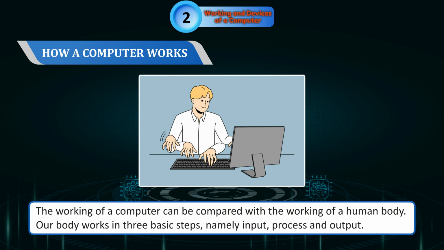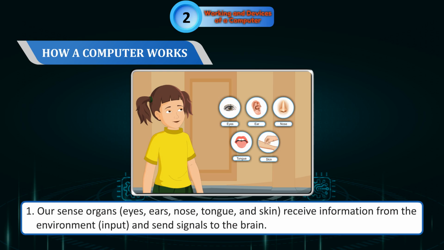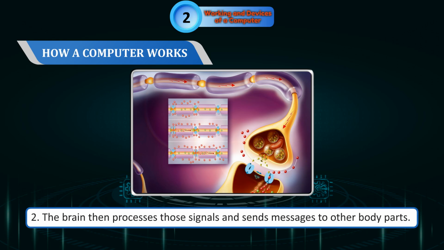Our body works in three basic steps, namely input, process, and output. 1. Our sense organs, eyes, ears, nose, tongue, and skin, receive information from the environment, input, and send signals to the brain. 2.